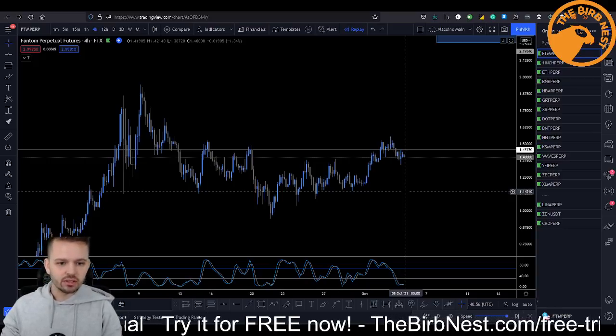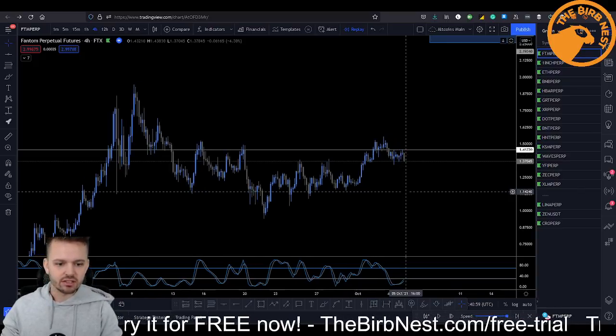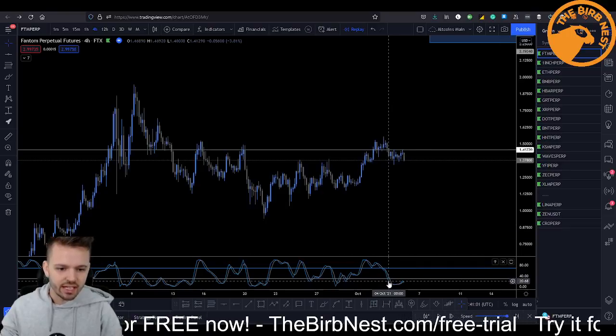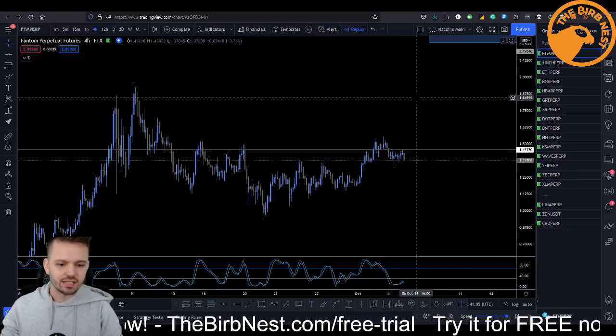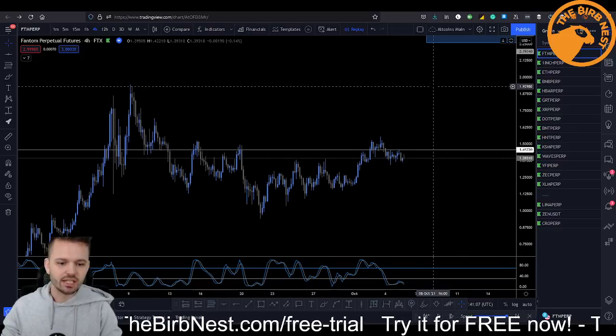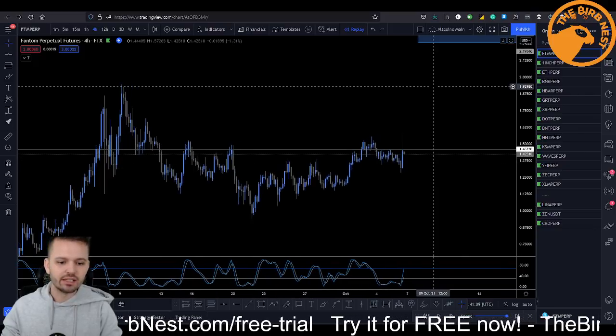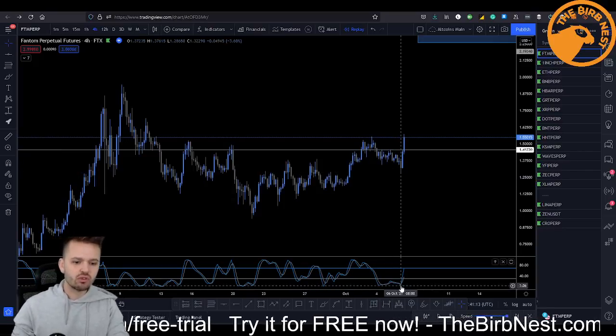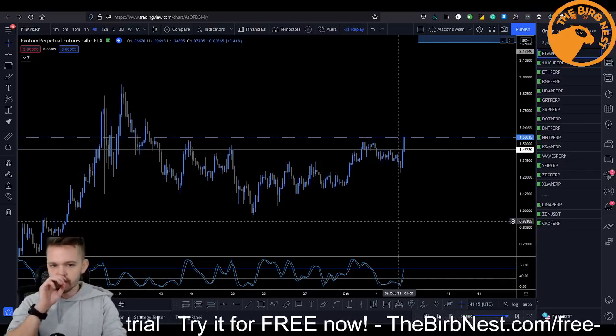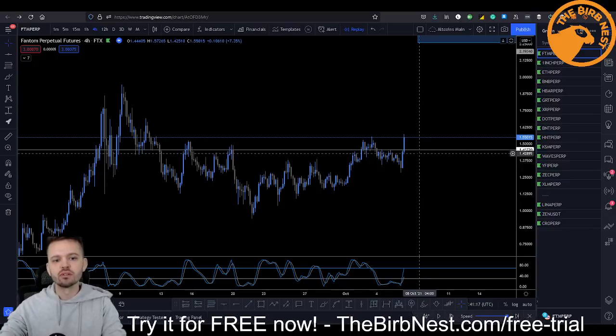And as you can see right here, let's see what happens on the next test of that resistance. We're getting that bull cross in the stochastics and a rounded bottom in the stochastics, and that's the push, right? Stochastics RSI goes from below 30 to above 30, giving us a bull cross, and that's the thrust candle that I'm talking about.